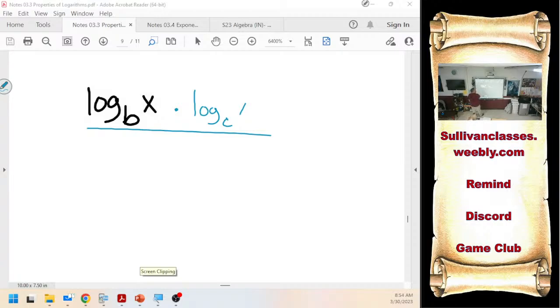What variables do I want to use here? No, it's got to be b. Yep. I forgot the reasoning behind it until just now, but log base c of b.